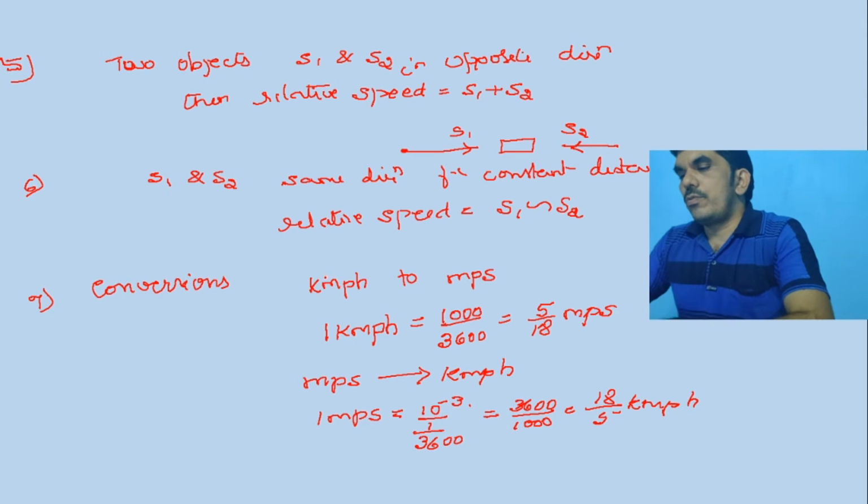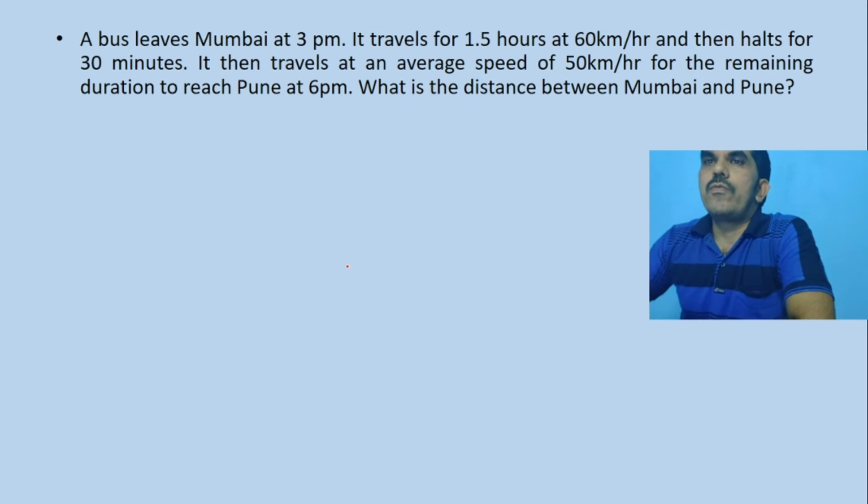Okay, so now we'll start solving some of the questions that appeared in the TCS placement track, earlier placement test, NQT test. Now, first question. A bus leaves Mumbai at 3 pm.